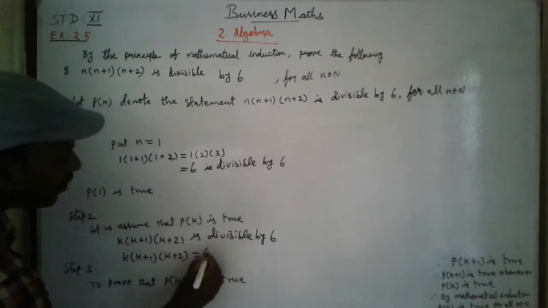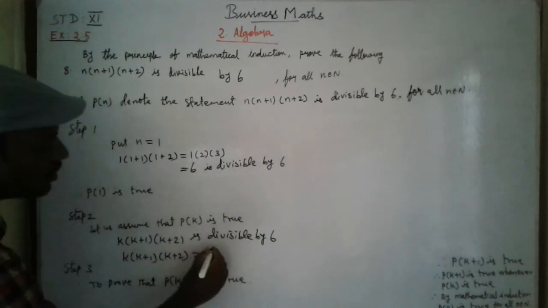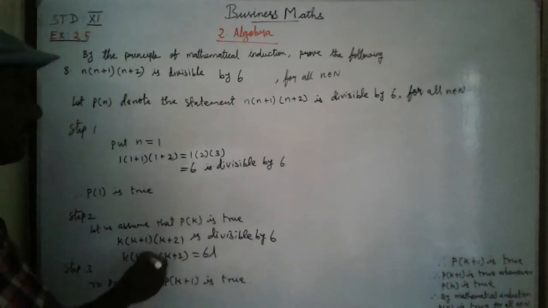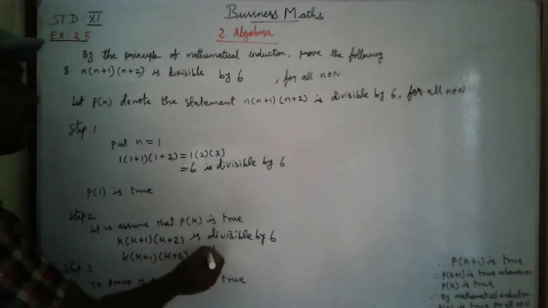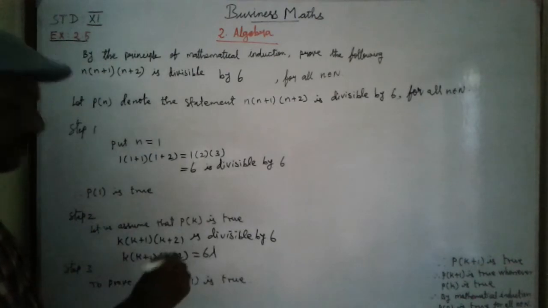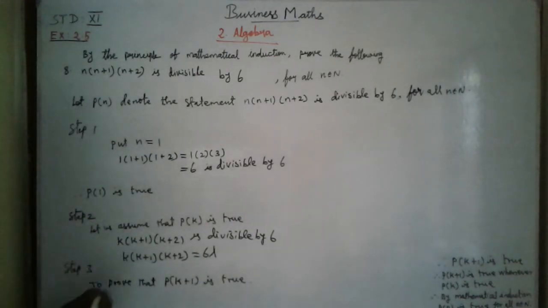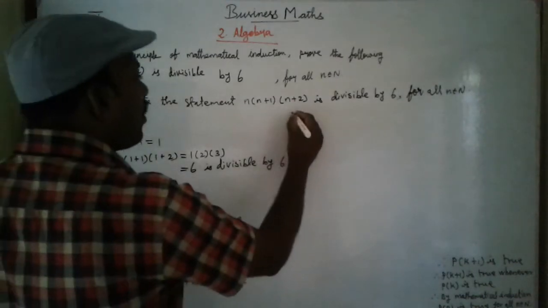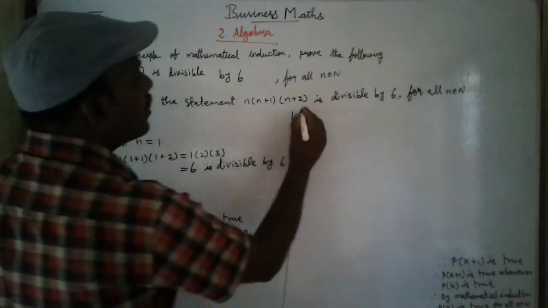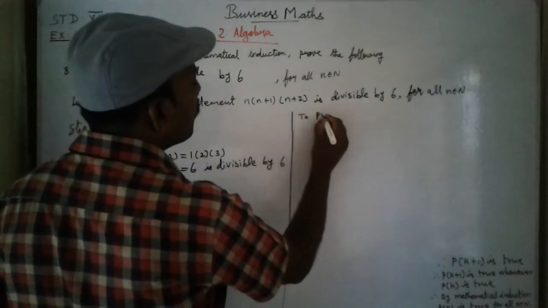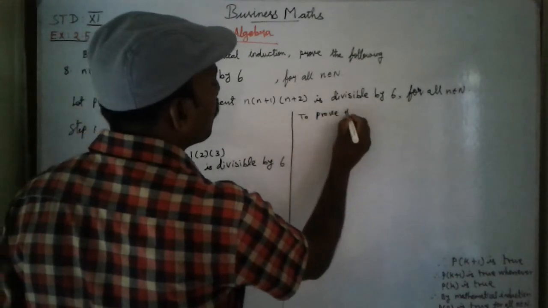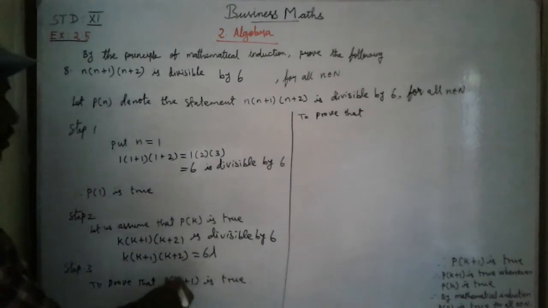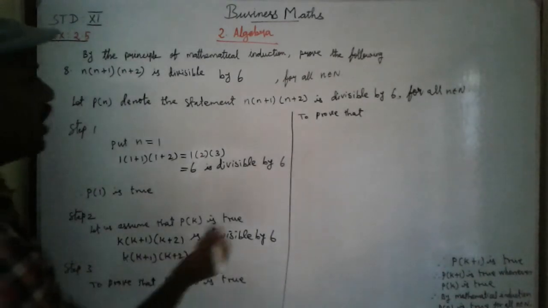Then we write k into k plus 1 into k plus 2 as 6 into any one constant, lambda. So lambda into 6 is this value k into k plus 1 into k plus 2. It's divisible by 6. Step 3, to prove that p of k plus 1 is true. So to prove that, we should substitute k plus 1 for k.